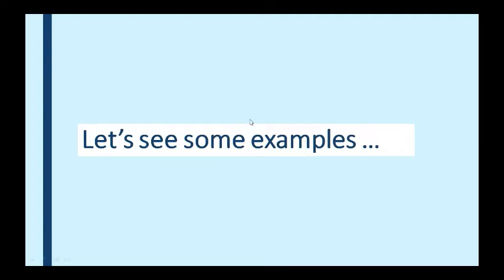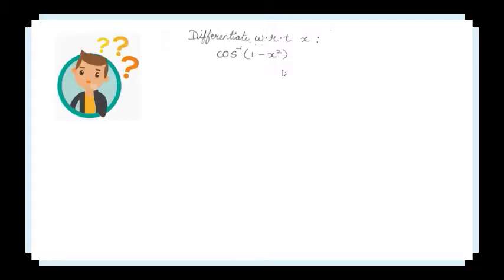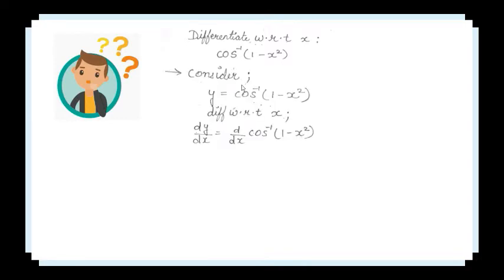Okay, let's move ahead. The first example: differentiate with respect to x cos inverse of 1 minus x square. So let's see how we are going to do it. First of all, we will be considering y equal to cos inverse of 1 minus x square. Differentiate with respect to x, dy by dx I can write as d/dx of cos inverse of 1 minus x square.